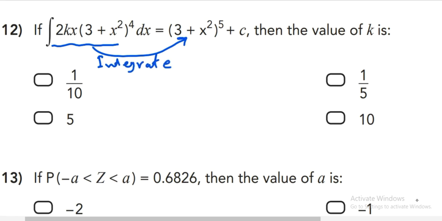And at the same time, it means that if we differentiated this expression, you will get this expression. So here we have a two-sided question. If we integrated this side, you will get the other side.